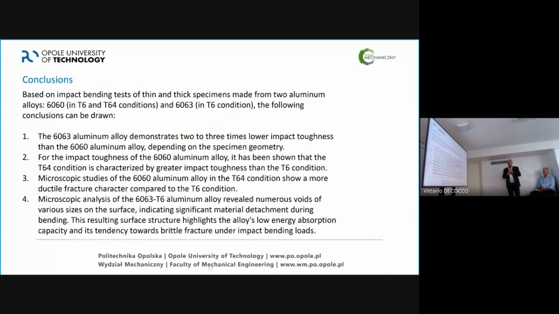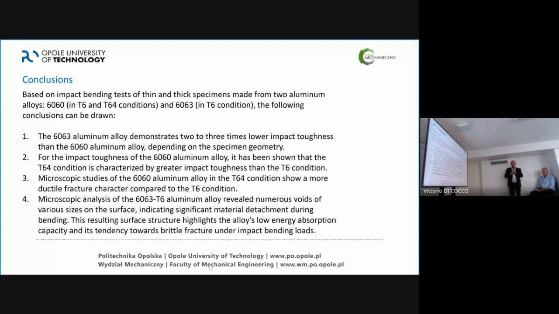Also very, very important, third, microscopic studies of the 6060 aluminium alloy in the T64 condition show a more ductile fracture character compared to the T6 condition. The fourth conclusion is that microscope analysis of the 6063 T6 aluminium alloy reveals numerous voids of various sizes on the surface, indicating material detachment during bending.